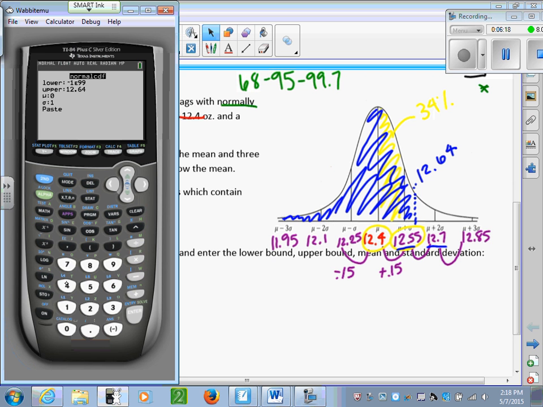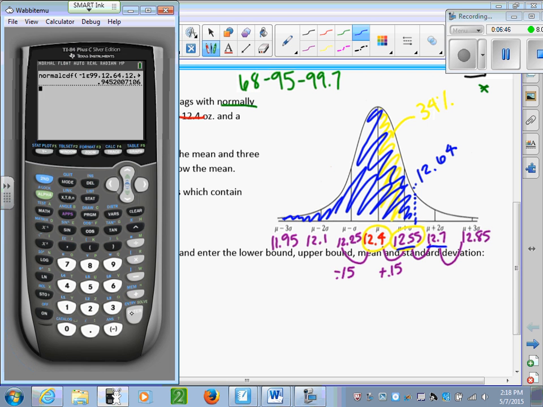12.64. Alright, my mean, this number in red here, the 12.4, it was given to me. And my standard deviation was 0.15. Alright, so we just type all that in, and then we push enter, and we push enter again. So the blue shaded area is 94.5 rounded percent of the data, okay?